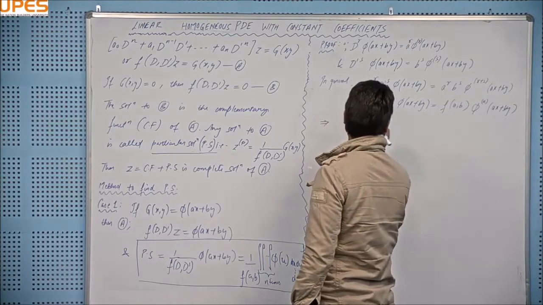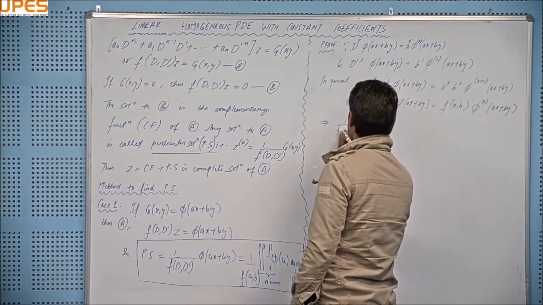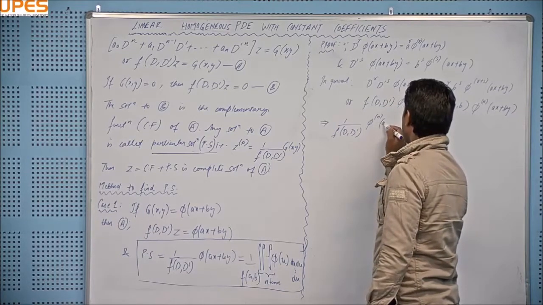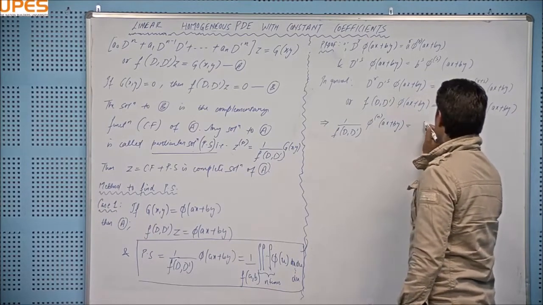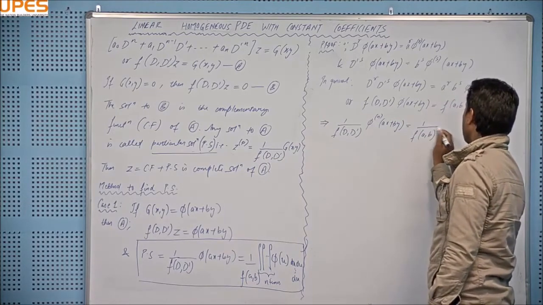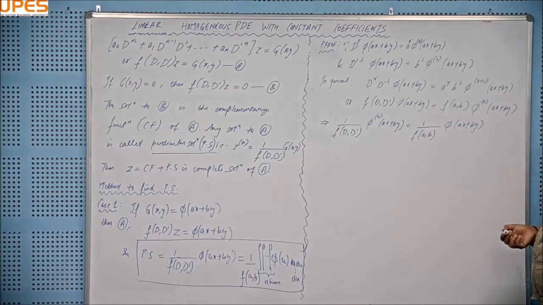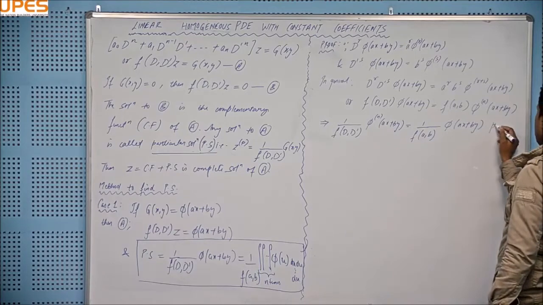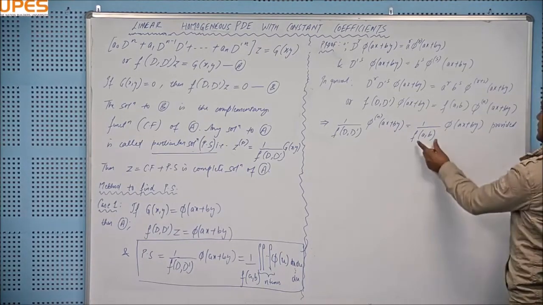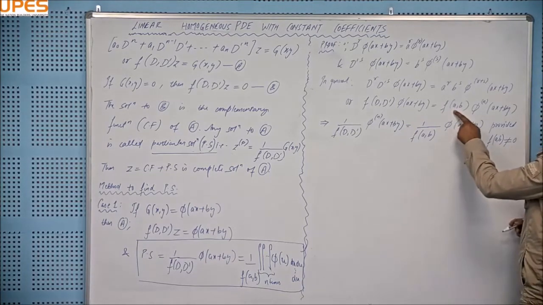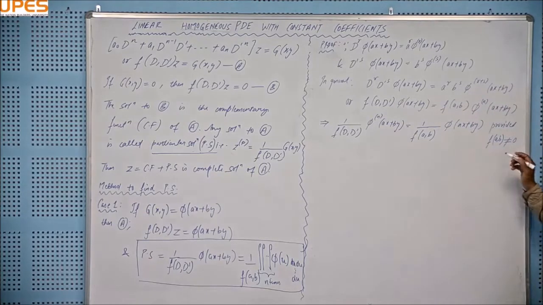This implies that 1 upon f(D, D') operated on phi nth derivative (ax + by) is equal to 1 upon f(a, b) phi(ax + by), provided f(a, b) is not equal to 0. In that case, you cannot bring f(a, b) in the denominator, so this condition has to be mentioned. We are assuming that case, and this is the nth derivative of phi.